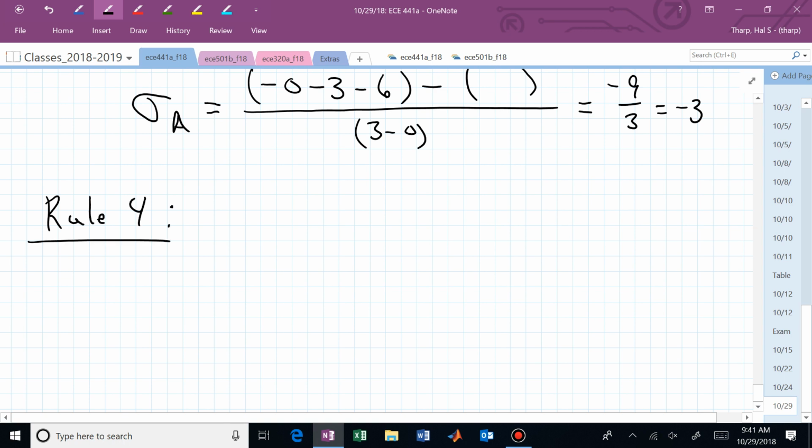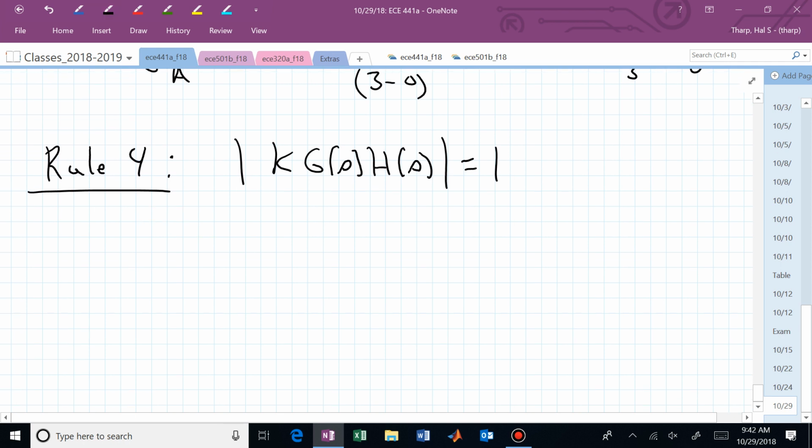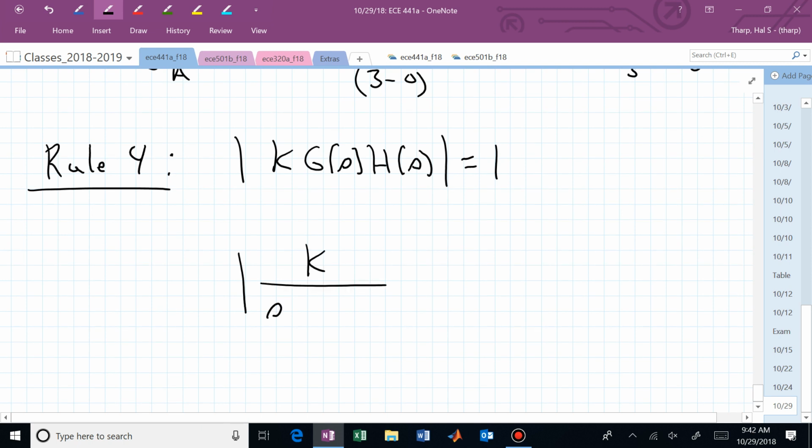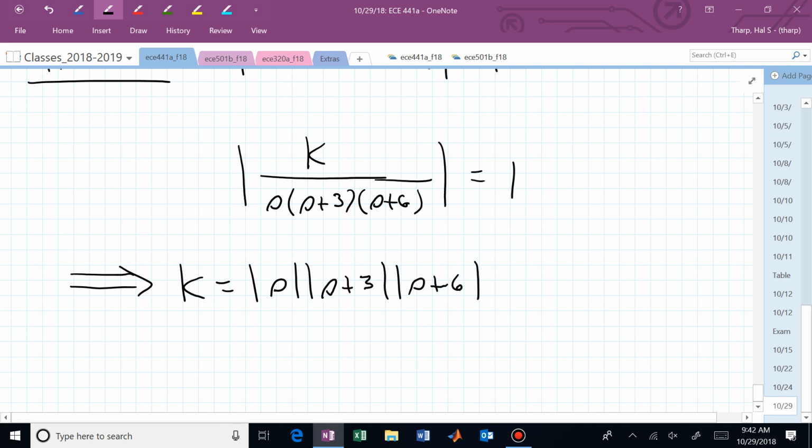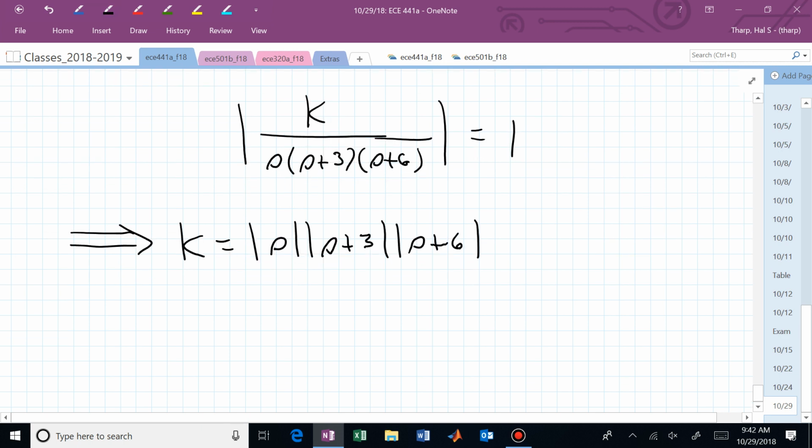That's rule number 4. Based on the magnitude condition, which says that k times the magnitude of GH is equal to 1. In our particular example, that's what we have, and we can now solve that for k, and now we have this expression for k that we can start evaluating at different points.